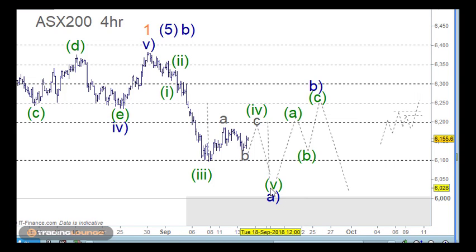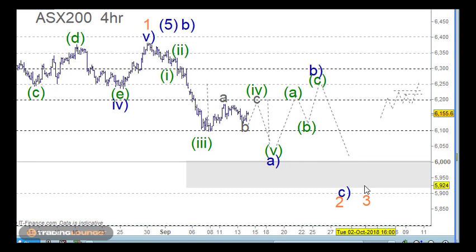So 5 waves here, 3 waves here, and then another 5 here. So then that would take us down lower in this space here, to this target area that I've got here. So as wave C of 2, or a 3rd wave being even more bearish at that point.